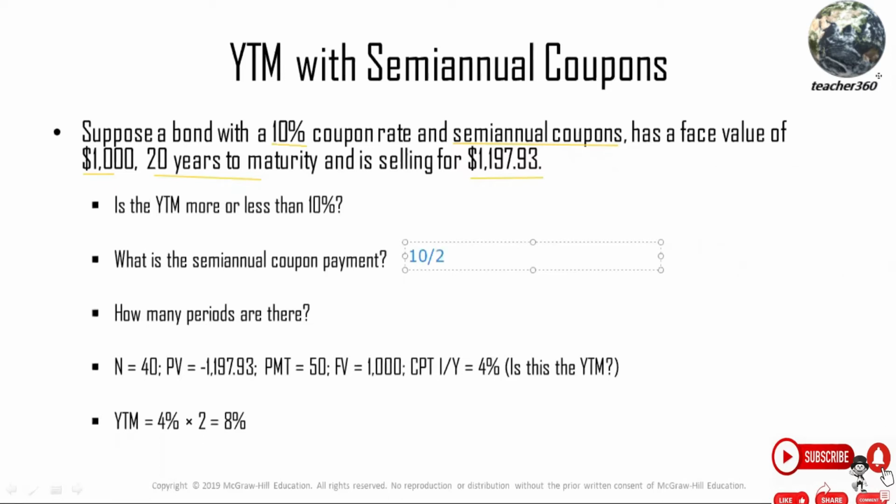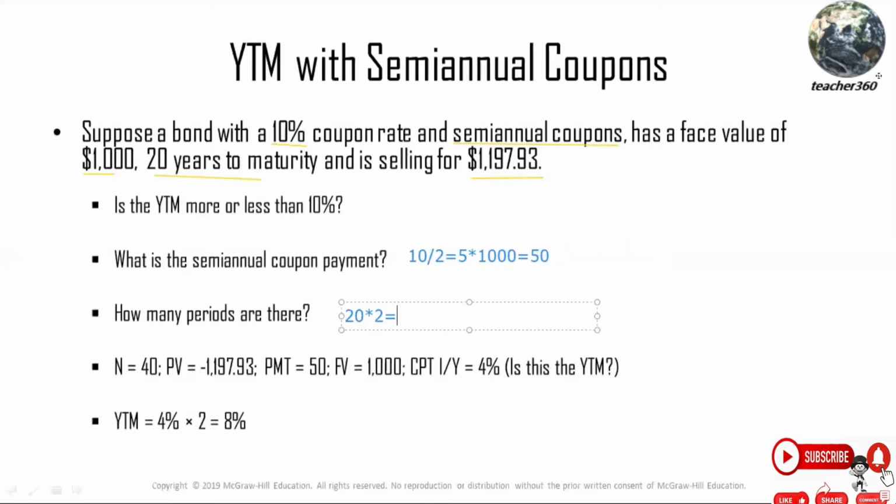So 5% on face value 1000 is 50. Our semi-annual coupon payment is 50. How many periods are there? Since it is semi-annual, we multiply 20 years by 2. So our total period is 40.